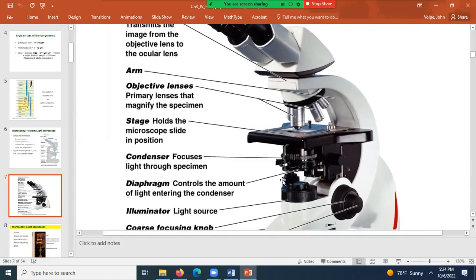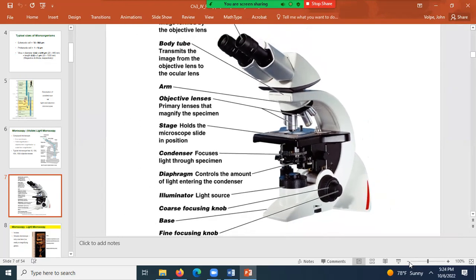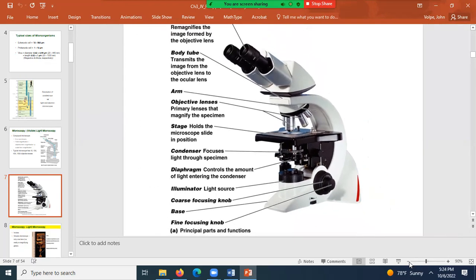It allows you to open and close it. There, you can sort of see the lever right there. And that opens up the shutter for the iris diaphragm or closes it down. The illuminator or lamp, you should know the coarse focus and the fine focus. Any question about any of that?